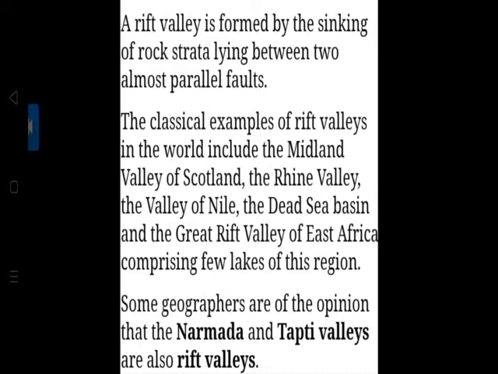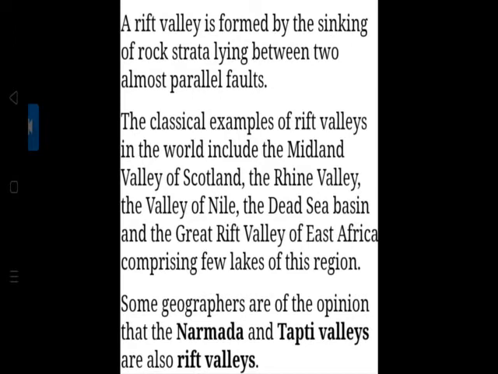I'm sure you'll know about the Dead Sea, the Great Rift Valley, Rhine Valley. These are very common, important examples in geographical terms or concepts when you study different kinds of valleys, water bodies, or land formations.